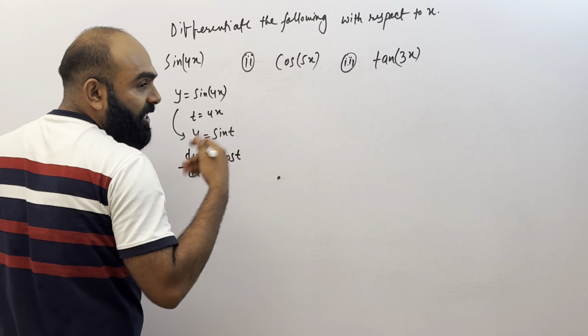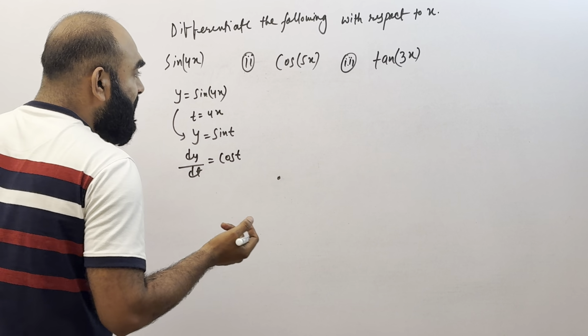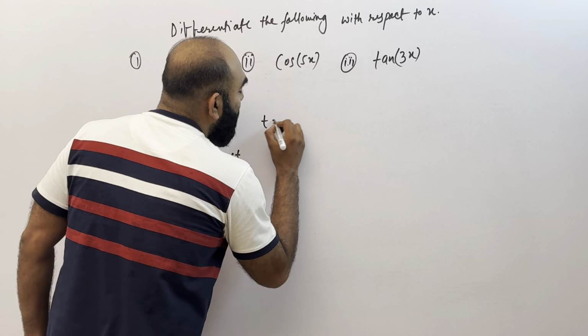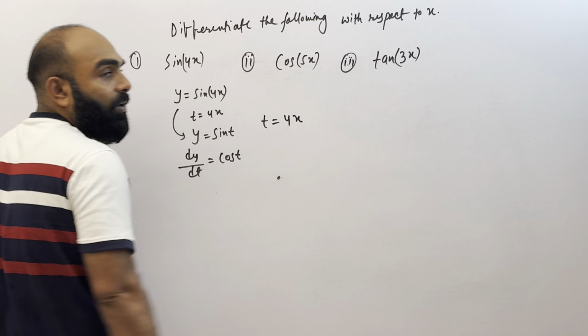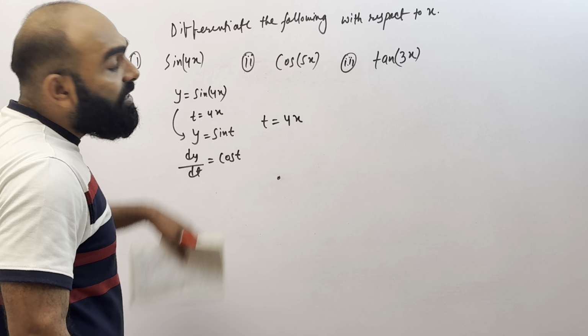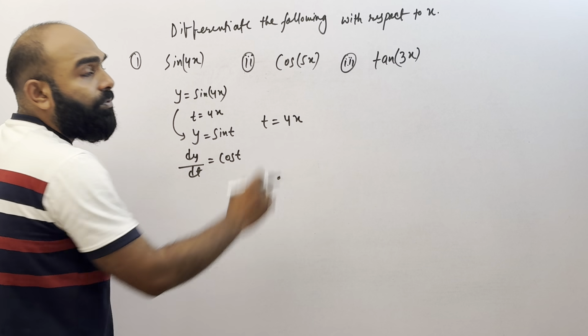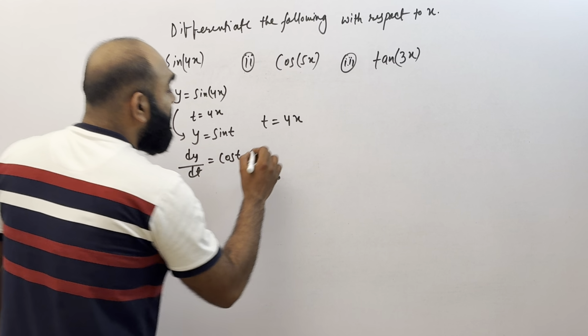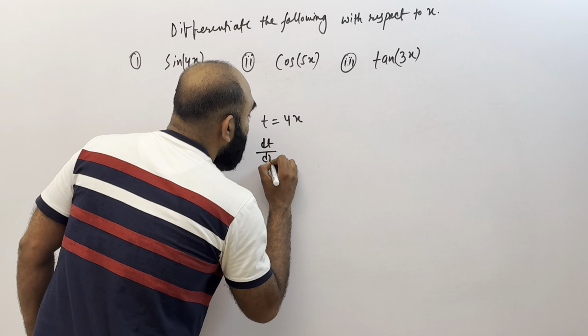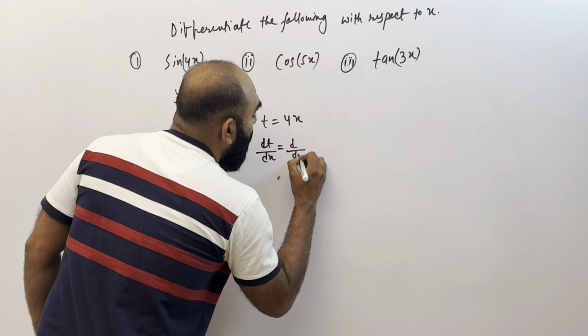What is your next step? The next step is to consider t, which is 4x. Now I have to differentiate this t also. So this t is a function of x, so I will write dt by dx. Now d by dx of 4 into x.